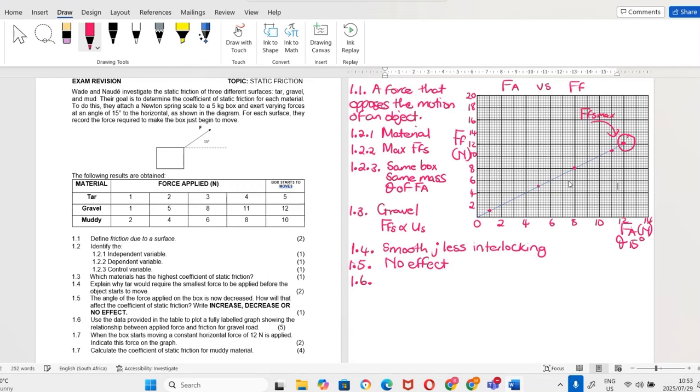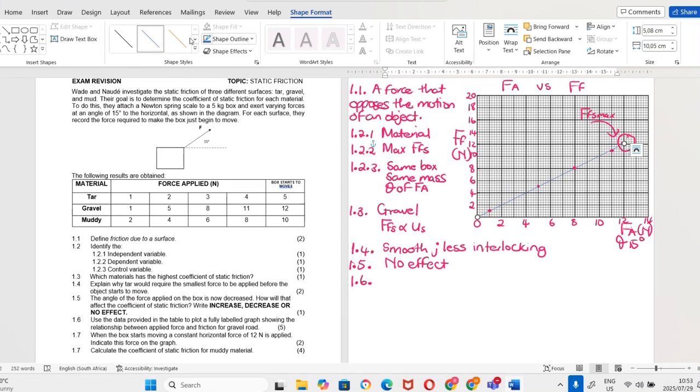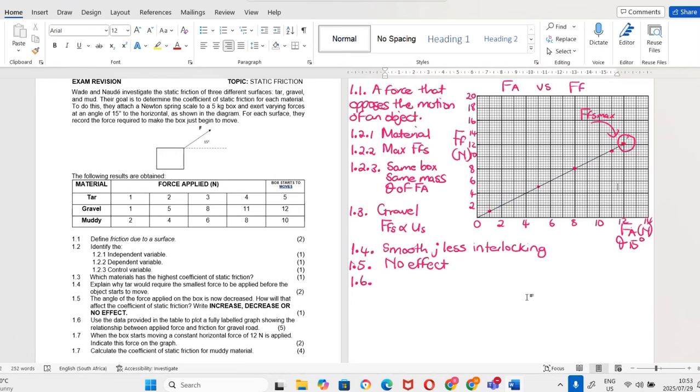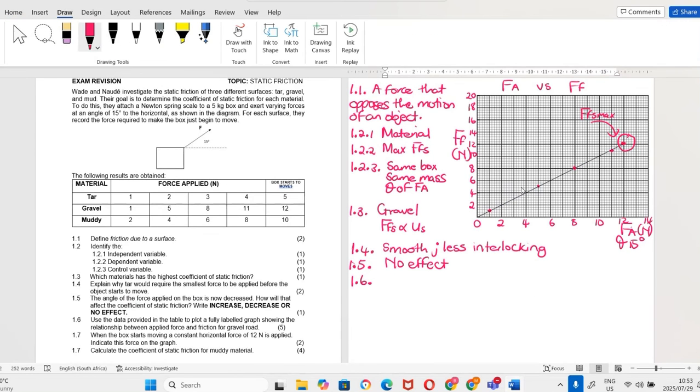And this line that we've just drawn here, let's make the line maybe black so that we can clearly see it, represents static friction. So this shows us that all of these forces were applied while the object was stationary. And these are all the varying values of static friction based on the force that was applied. And that's pretty much how your graph would look.